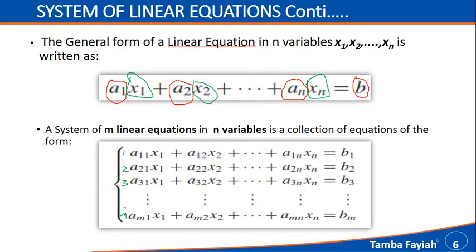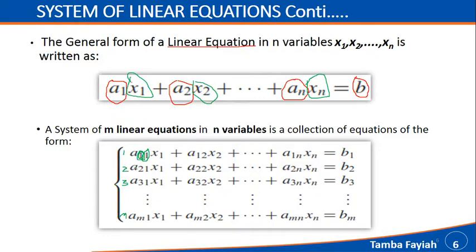Here we are using two subscripts to identify the a's. The first value stands for the row number of the equation. Since this is the first equation, we have a1, and then the first variable, so we have a11.